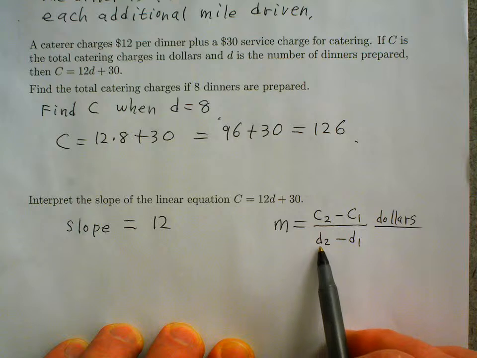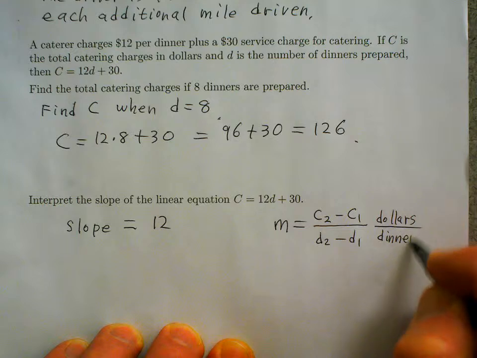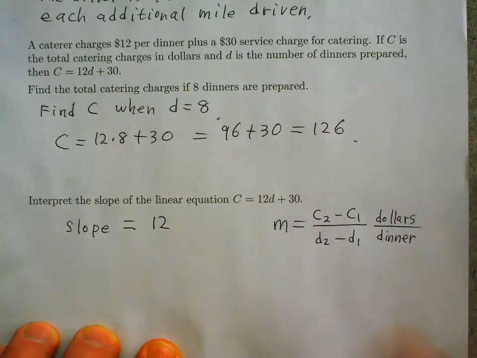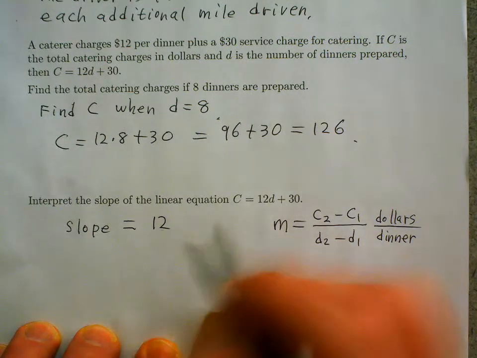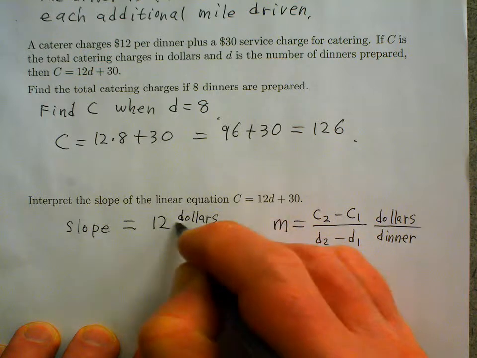And the unit for lowercase d is dinners. So the units are dollars per dinner. So the slope is $12 per dinner.